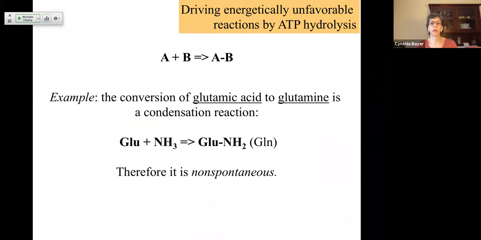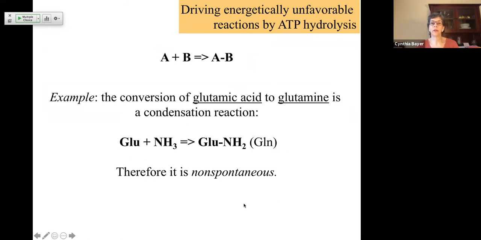As a specific example, we can look at conversion of one amino acid to another amino acid, glutamic acid to glutamine. Glutamic acid is an amino acid, but it can be converted to glutamine in the presence of ammonia. An amine group added to glutamic acid forms the amino acid glutamine.